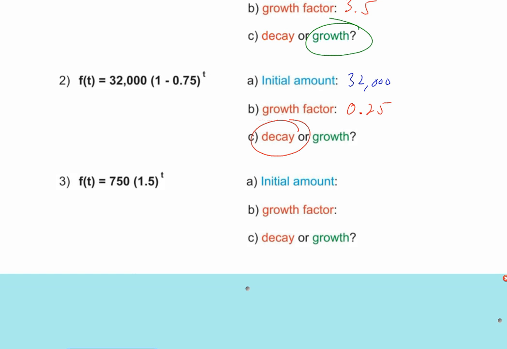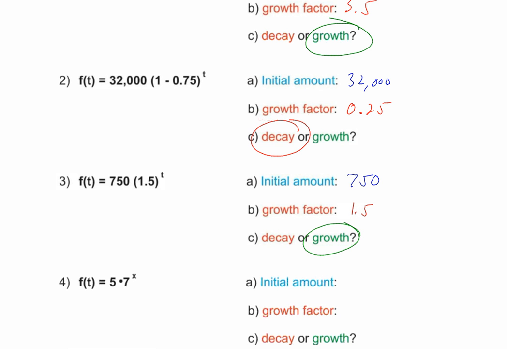It's our economy. All right, third one. Initial amount? 750. Growth factor? 1.5, right? Other form. Decay or growth? Growth. Not bad if you remember what things are, right? At least these examples. How about the last one?